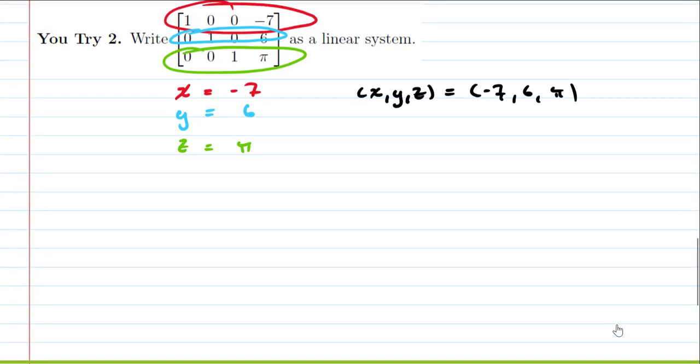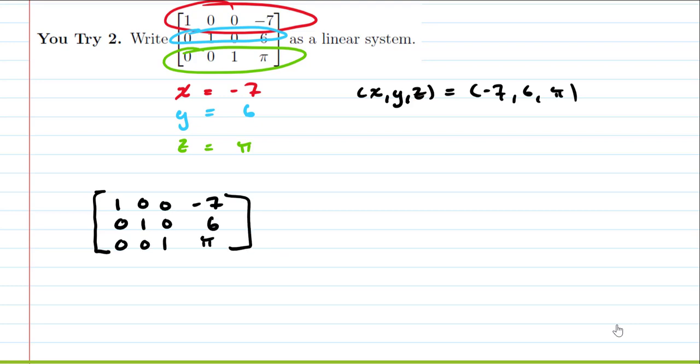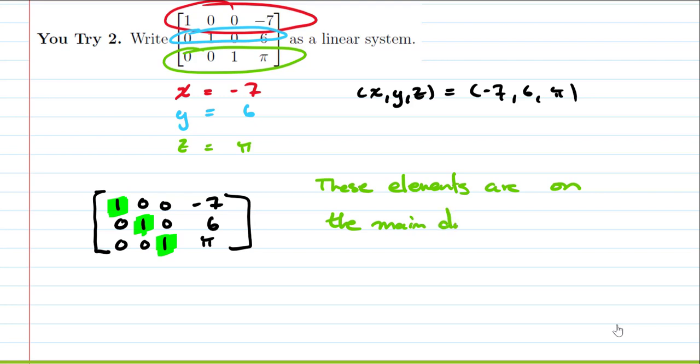So let's look at some of the characteristics of this matrix that we were just working with. So these elements right here are all 1. So these elements are on the main diagonal.